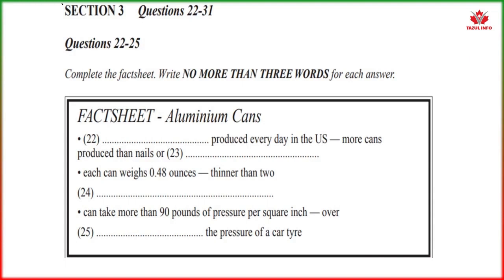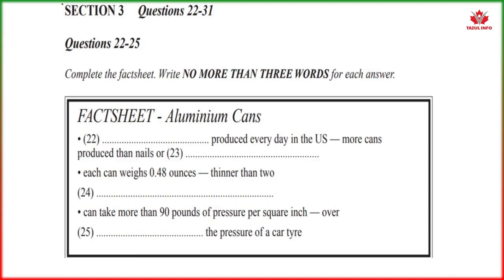That's an enormous number. It says here, outstrips the production of nails or paper clips. And they say that the manufacturers of these cans exercise as much attention and precision in producing them as aircraft manufacturers do when they make the wing of an aircraft. Really? Let's have a look. They're trying to produce the perfect can, as thin but as strong as possible.